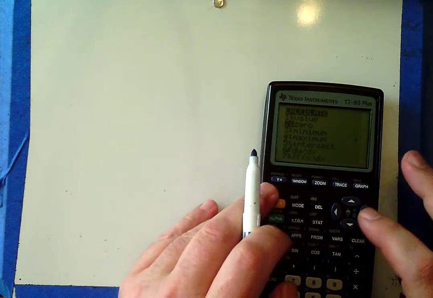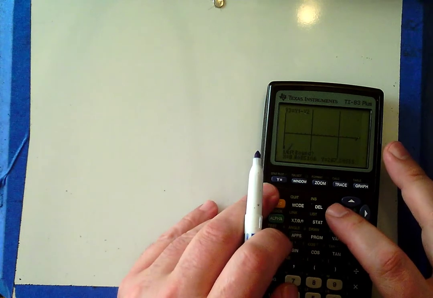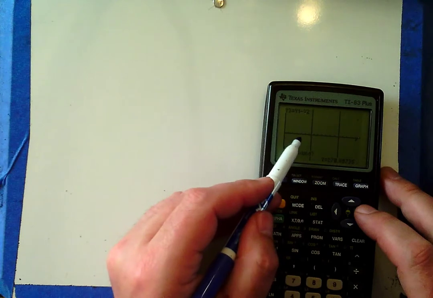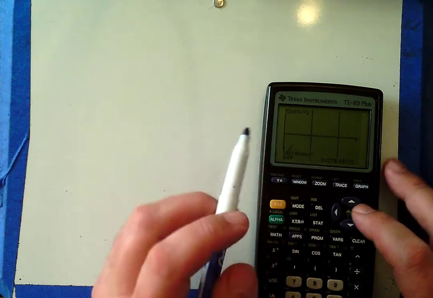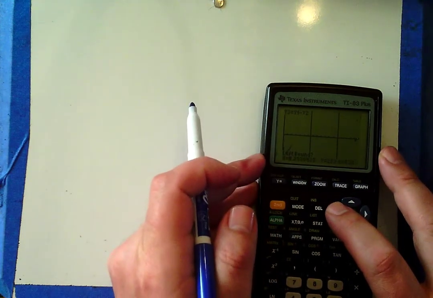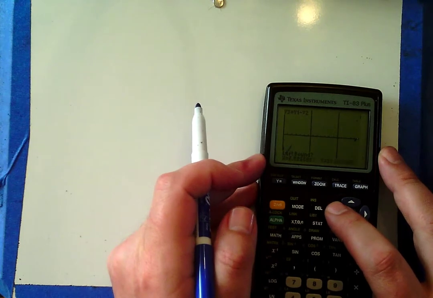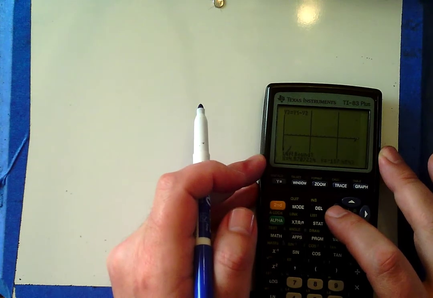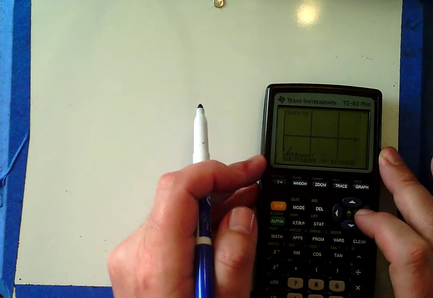Second, calculate zero. 1, 2, 3, 4, 5, 6, between 6 and 7. Okay. That went too far.